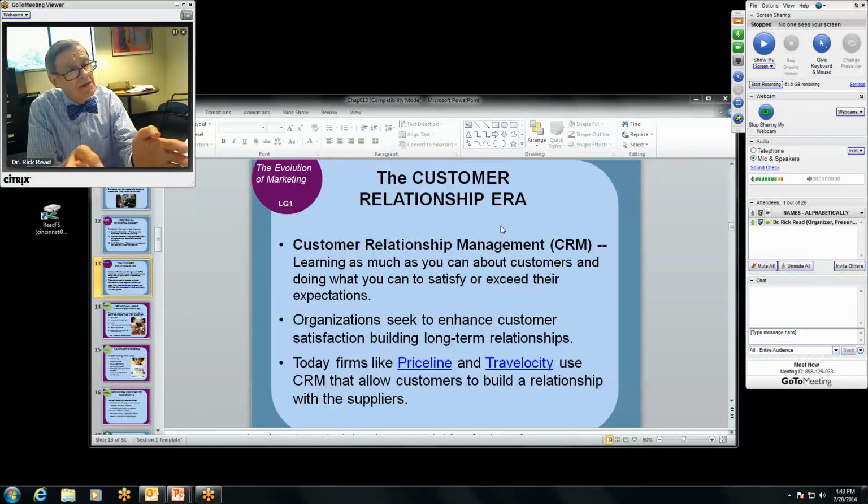And finally, I'm not going to talk down here about farmers like too much about Priceline and Travelocity. But look at what this says here. Businesses are trying to establish long-term relationships. Now, when I used to teach part of marketing years ago in a face-to-face class, one of the things that I would ask is, what product is it that you won't accept any substitute for?